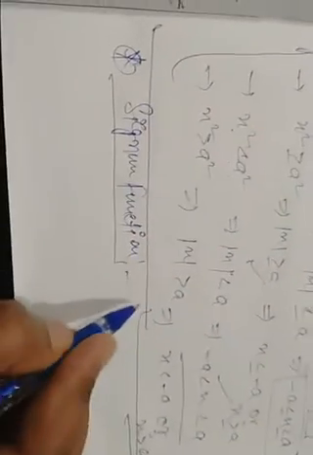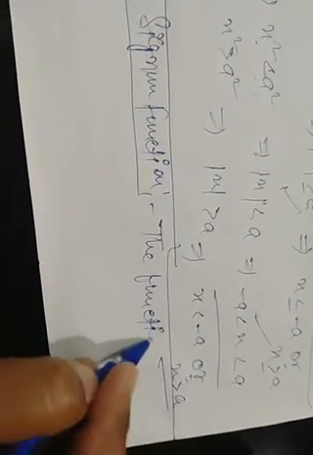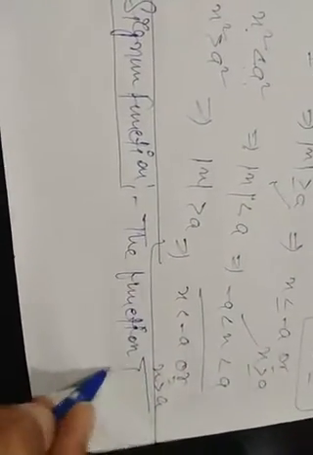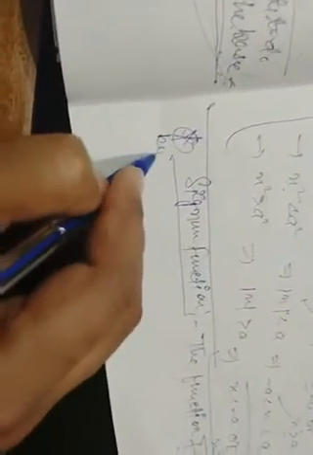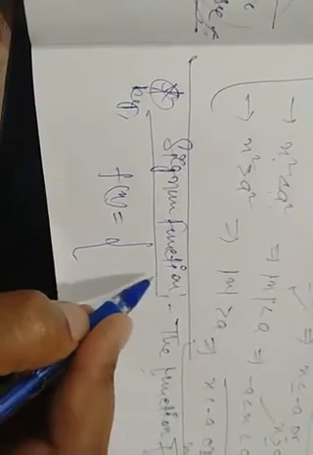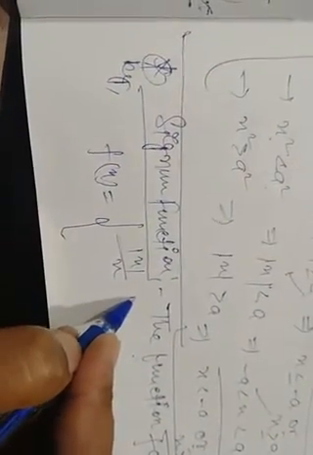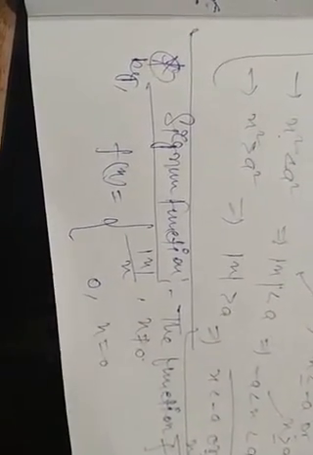The function f defined by f of x is equal to mod of x upon x, when x is not equal to 0, and 0 when x is equal to 0.